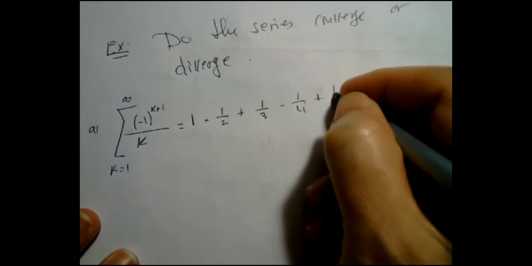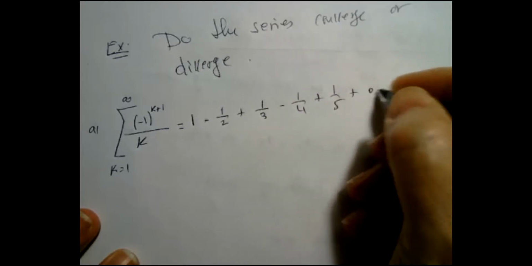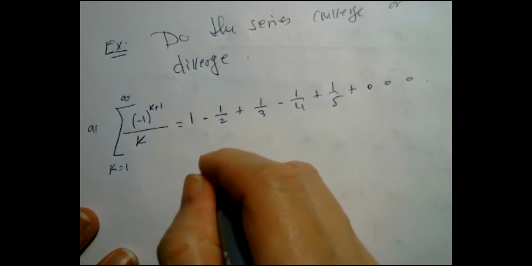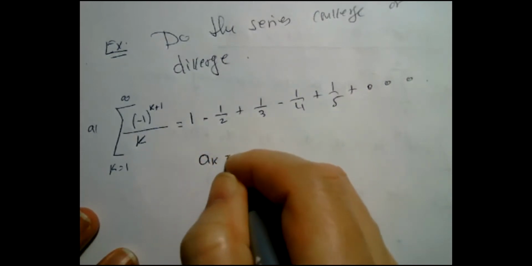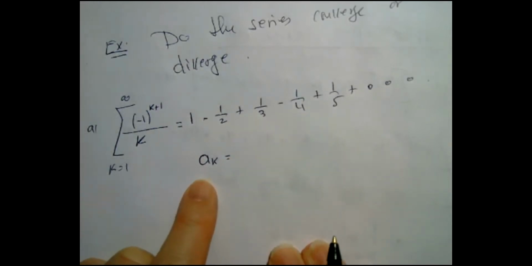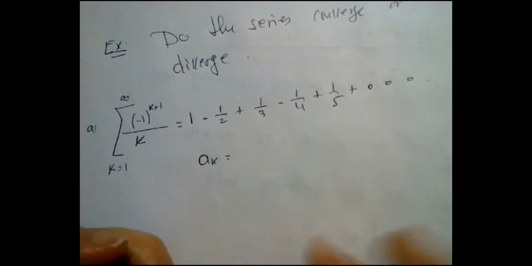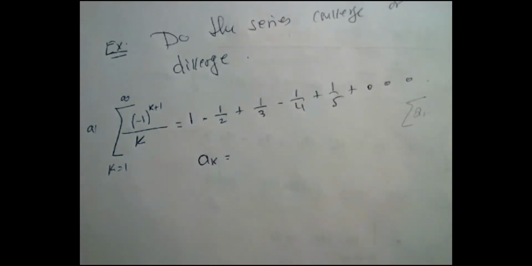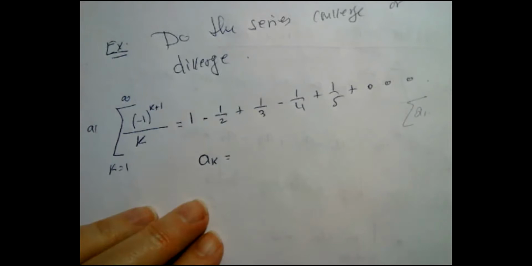That's the one I started with. Now here, what's playing the role of AK? I usually don't like to call them AK. I like to call them BK to distinguish them from sigma AK in general. But the book is using AK, so I try to use what the book is doing.